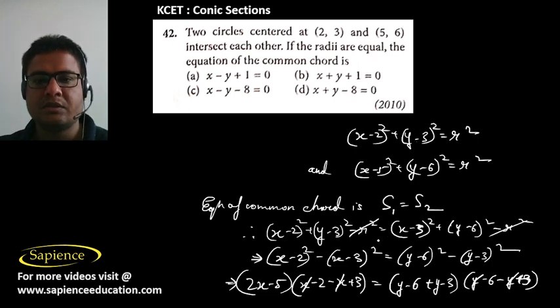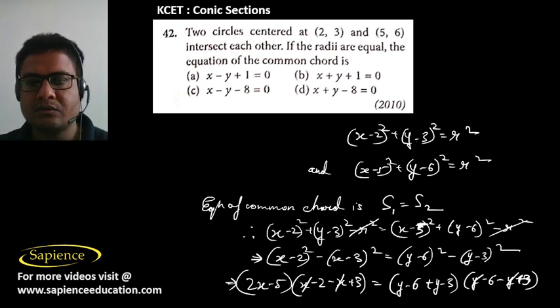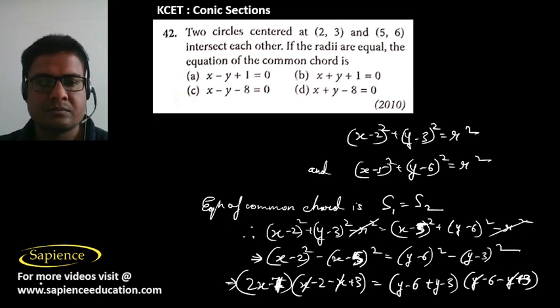Sorry, this is 5. This is 5 actually, it is not 3. This is 5. This is 2x minus 7. So this is wrong.